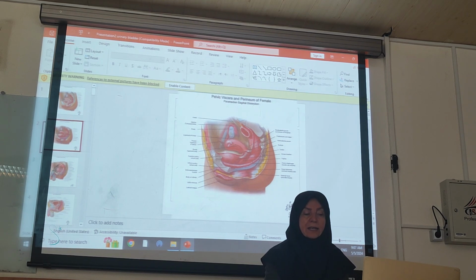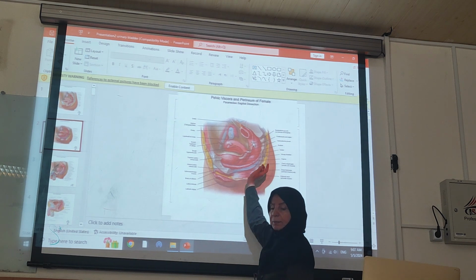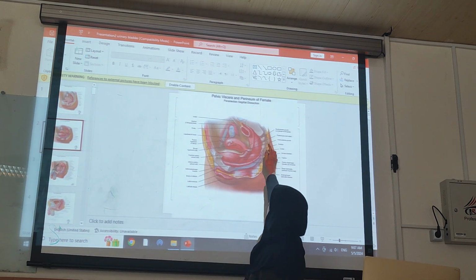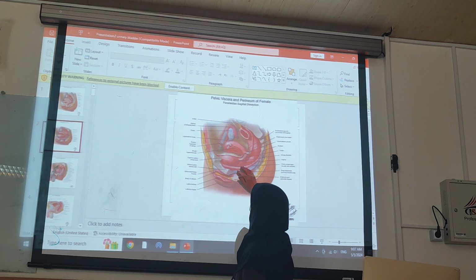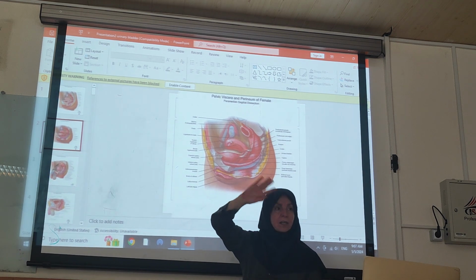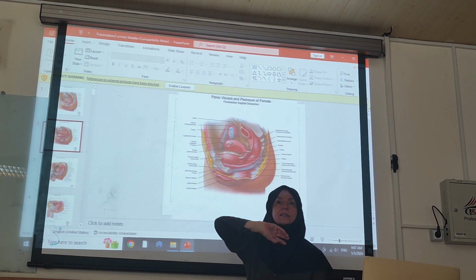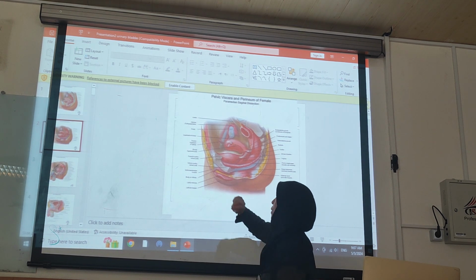But the posterior surface of the rectum, the inferior part of the rectum, and the lateral part of the rectum are not going to be covered by the peritoneum. If you look at here, the peritoneum is coming down, covers the anterior surface of the rectum, and most part of the rectum remains without a covering sheet of the peritoneum.